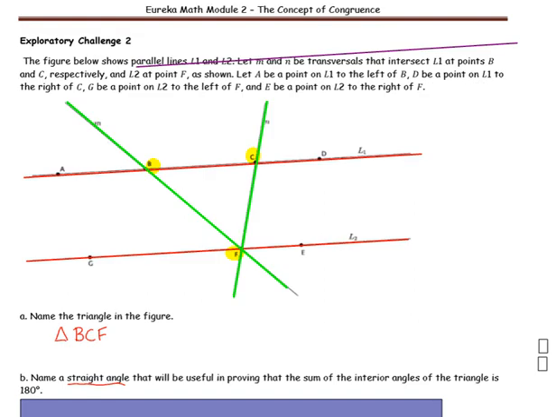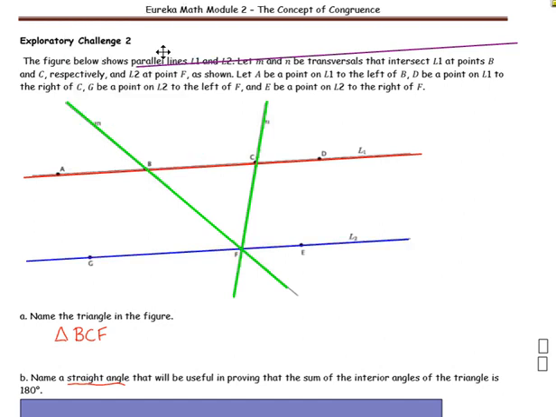So here we have 2 angles on a straight line. Here we have 2 angles on a straight line, and here we have 3 angles on a straight line, and one of them is part of the triangle. So this is the straight line that we will use. And let's just make that a different color.